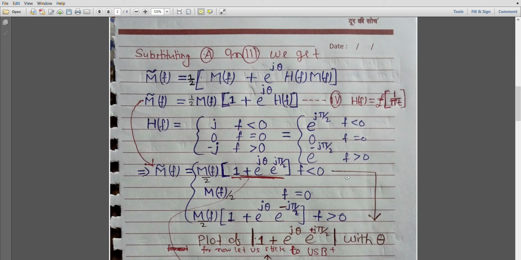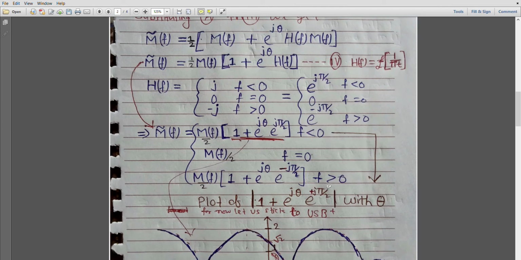For f less than 0 we have this equation. For f equal to 0 we have M f by 2, and for f greater than 0 we have M f by 2 times 1 plus e to the power j theta into e to the power minus j pi by 2.